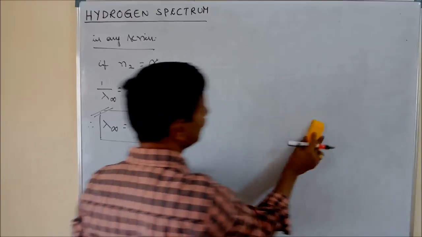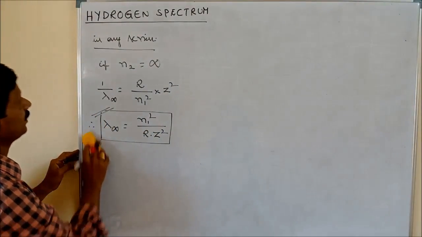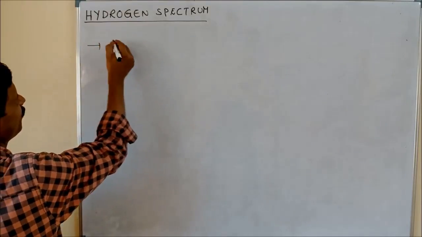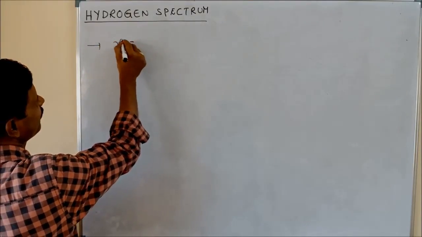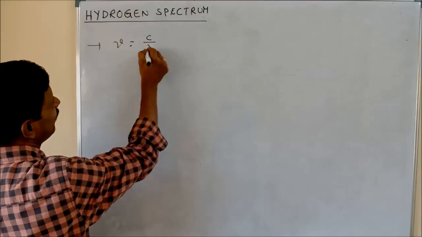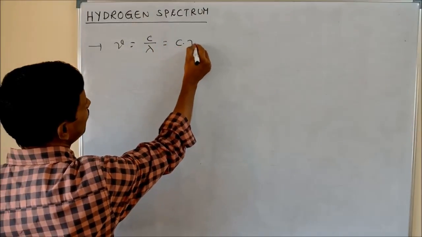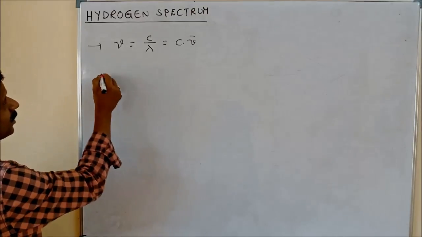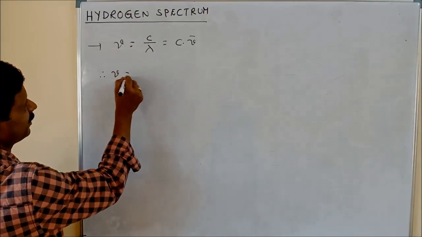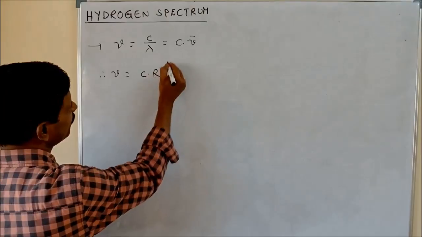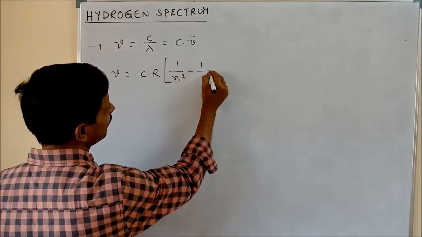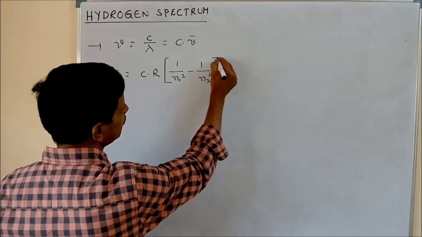What is frequency? Frequency is nothing but C by lambda, or that equals C into nu bar. But already you know nu bar. Therefore, frequency nu equals C into R into (1 by n1 square minus 1 by n2 square).